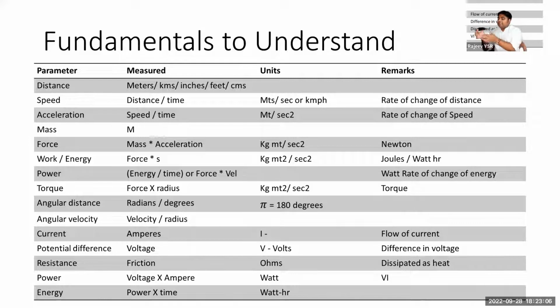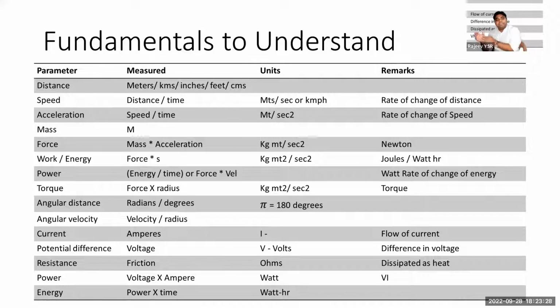Now, when this particular element with that particular mass starts moving at an acceleration, then the element is being subjected to a force. And that force is basically nothing but the mass of the element and then the rate of change of velocity.